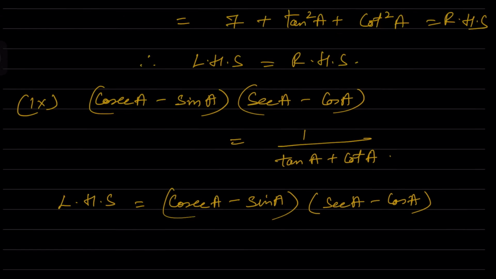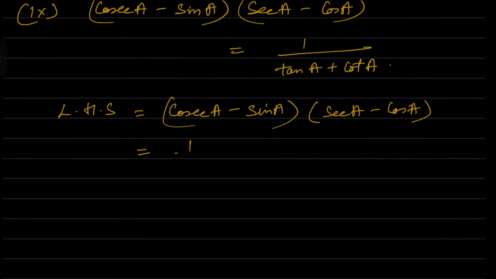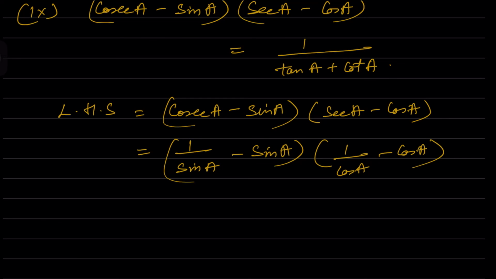So I am writing this as equal to (1 by sin A minus sin A) into secant A. In the place of secant A, I can write it in terms of cos A, means you will get (1 by cos A minus cos A).